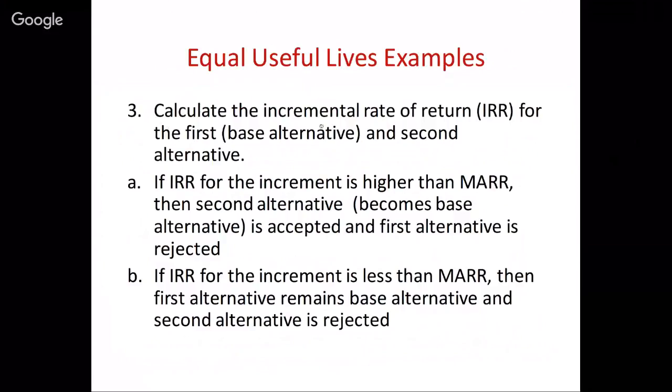Step 3 here says calculate the incremental rate of return for the first base alternative and the second alternative. What that means is that we will look at the incremental rate of return for the extra investment required in C over A. Notice there's A and B under that; we'll come back to that in just a minute.